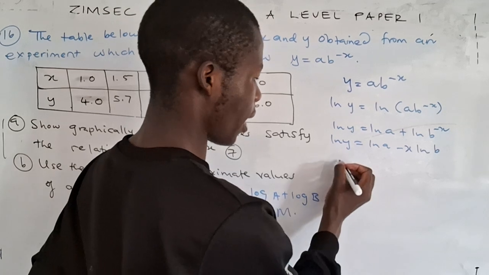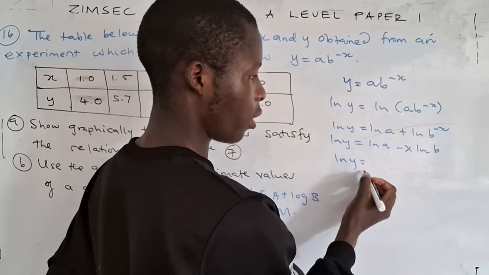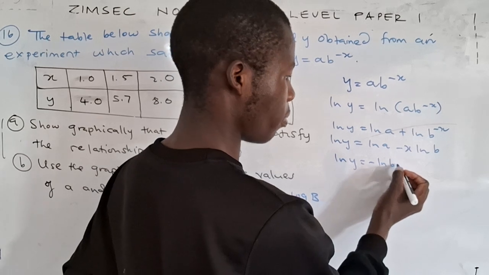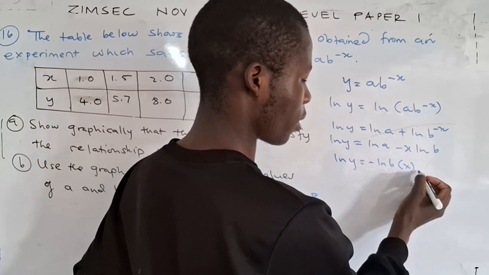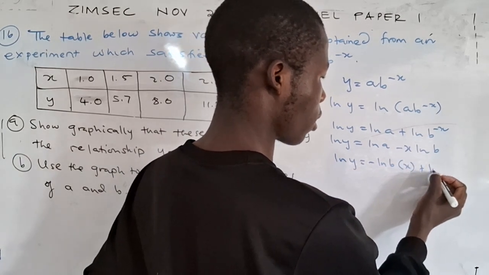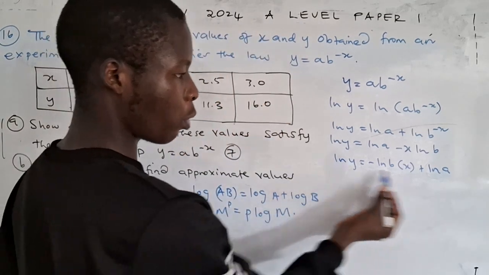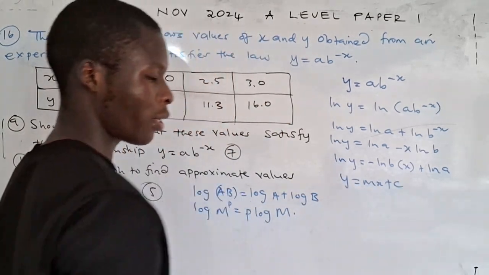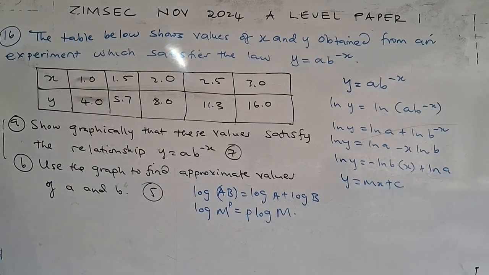So you can rearrange this. This is ln y is equal to negative ln b times x, plus ln a. If you check, this is the equation of a straight line, y is equal to mx plus c.